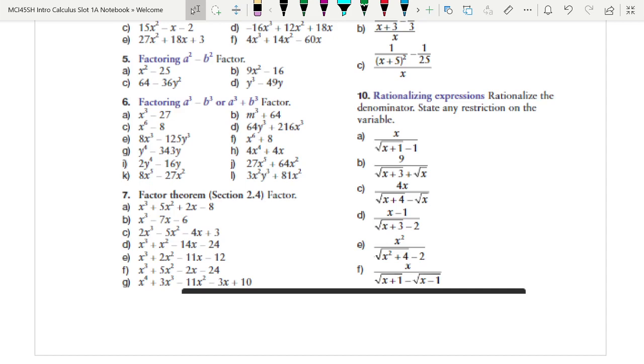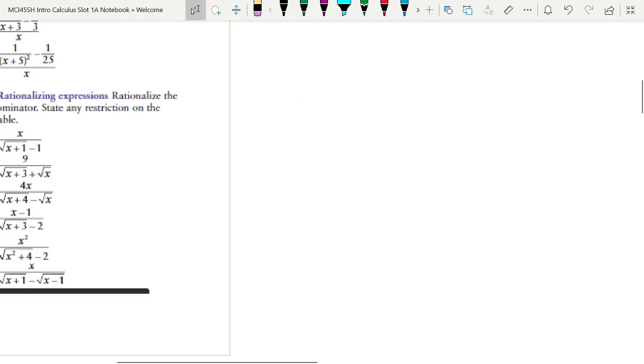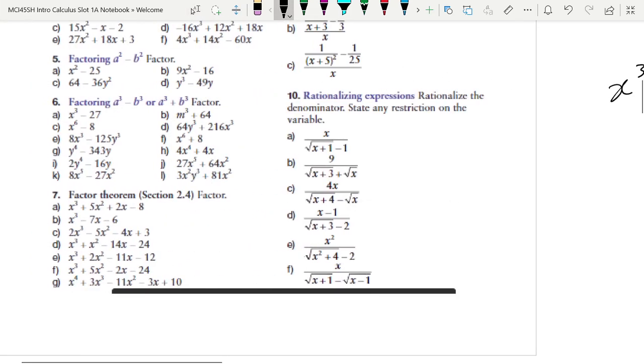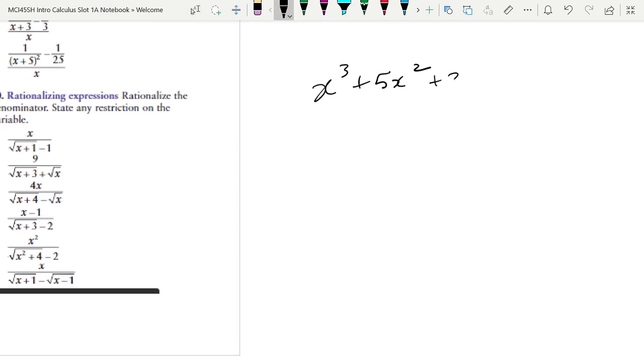7a is x cubed plus 5x squared plus 2x minus 8. So I would like to factor this. And my first step is, well, I'm going to guess and check. If this factors to whole numbers, you know what I do know?